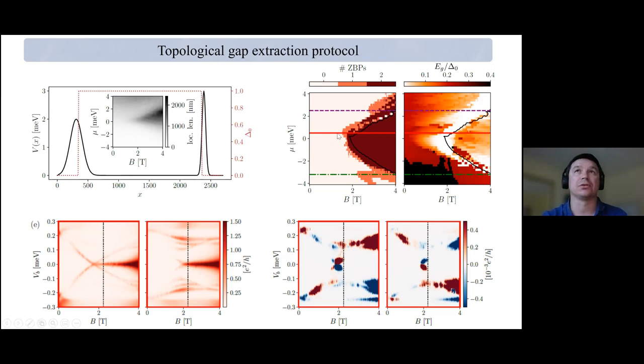That means disorder is not suppressing the topological phase for this value of chemical potential. And you see appearance of zero energy states in both ends of the wires, as well as gap closing and reopening. So that's a good regime, and the protocol identified this good regime.